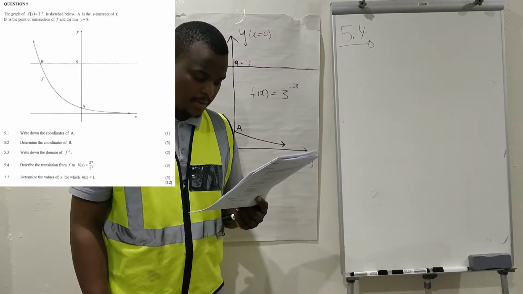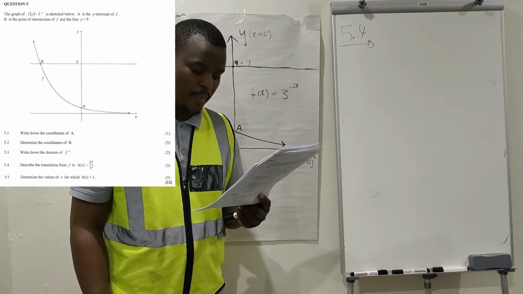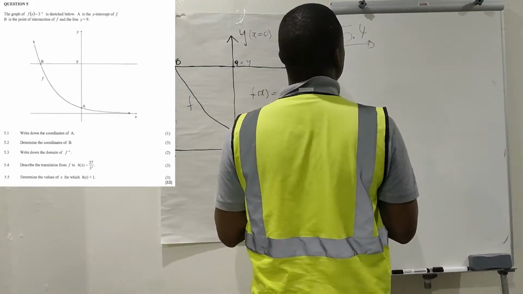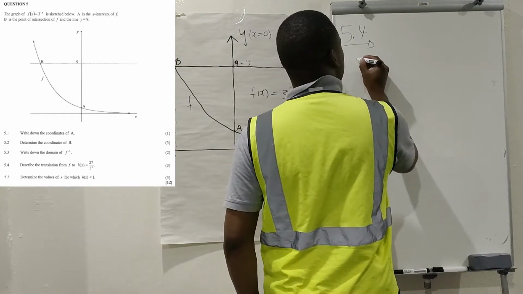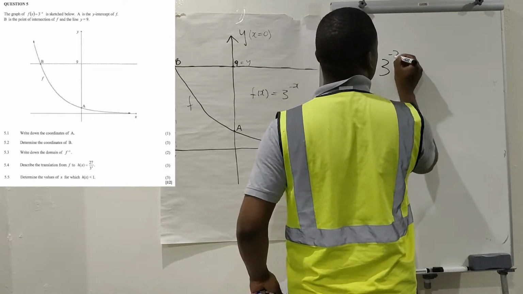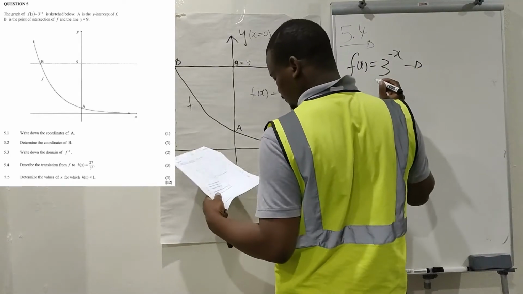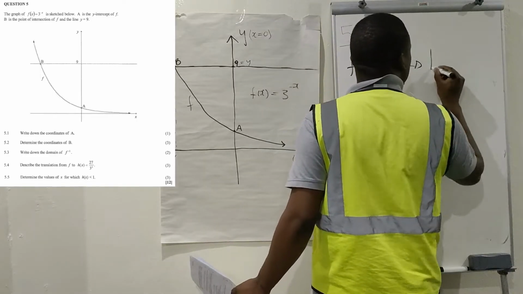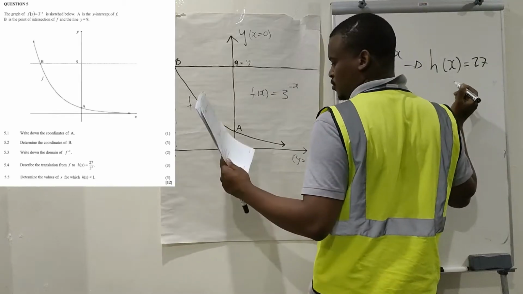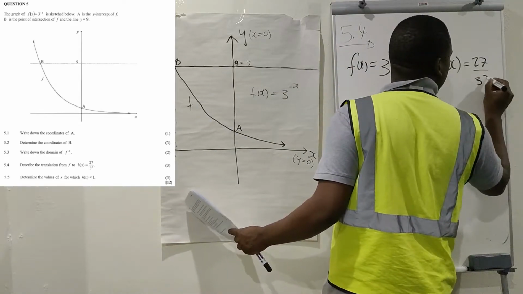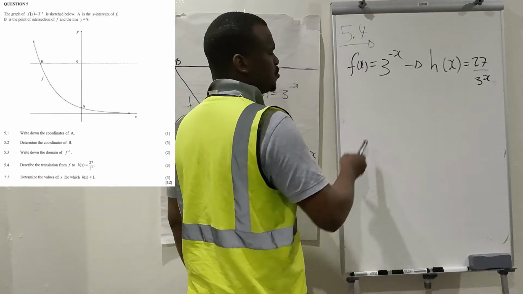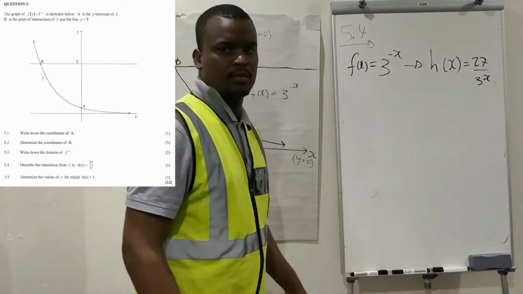They want you to describe the translation from f of x, which is equal to 3 raised to minus x, to get to h of x, which is equal to 27 over 3 raised to x. So they want you to tell them how you moved to get there.